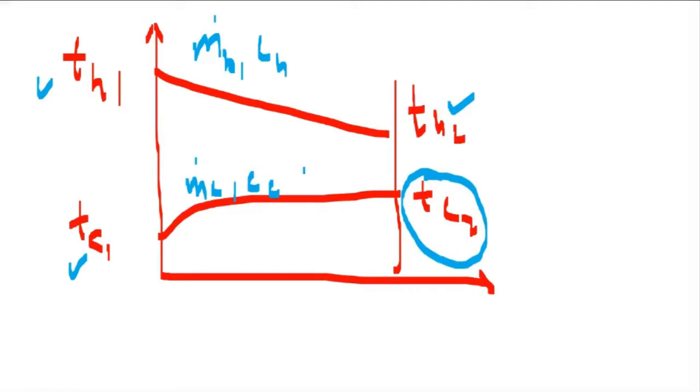So if you want to find out this particular temperature, we can go for the logic that whatever is the heat lost by the hot fluid will be equal to heat gained by the cold fluid. So here, we can equate the equations as MHCH TH1 minus TH2 is equal to MCCC TC2 minus TC1. I will write the equations.